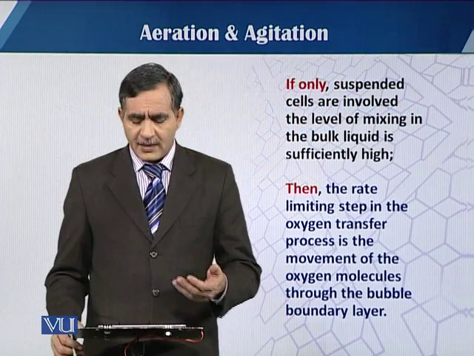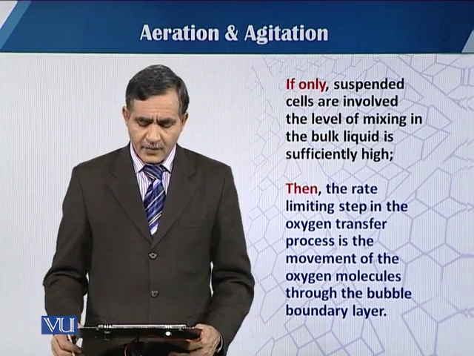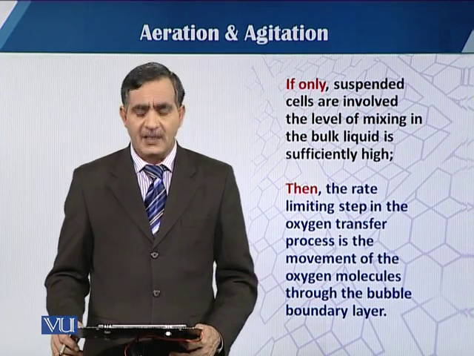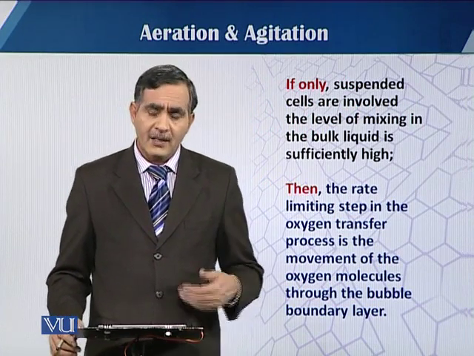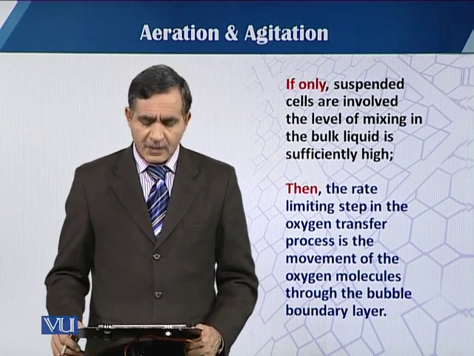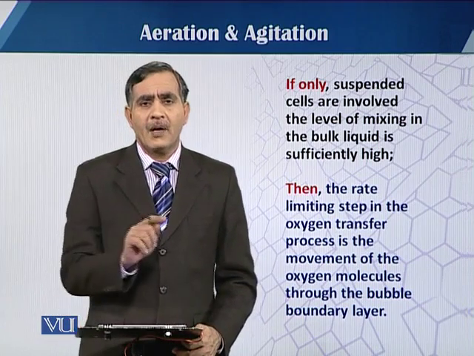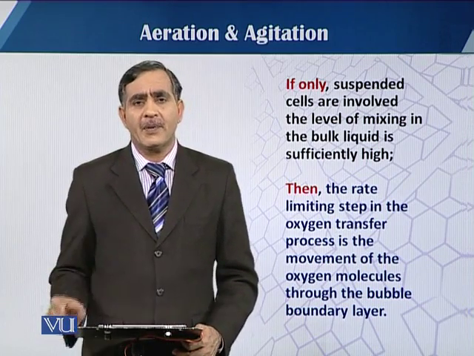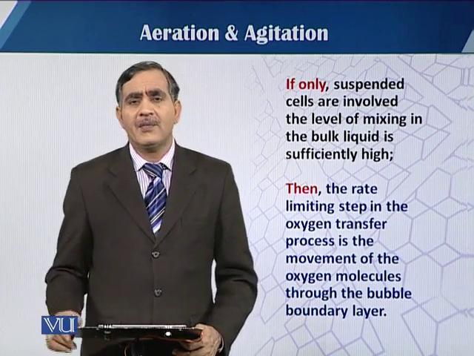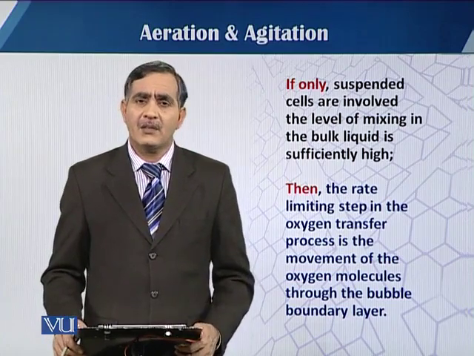If only suspended cells are involved, the level of mixing in the bulk liquid is sufficiently high. So the rate limiting steps in the oxygen transfer process are the movement of the oxygen molecule from step 1 to step 9. These 9 different steps are rate limiting in oxygen transfer.